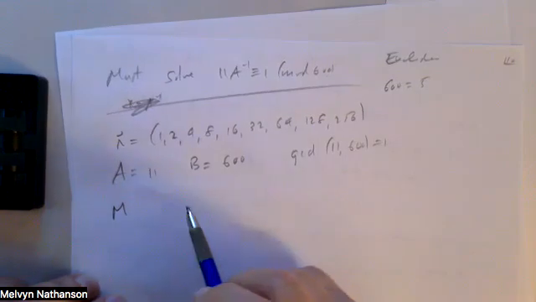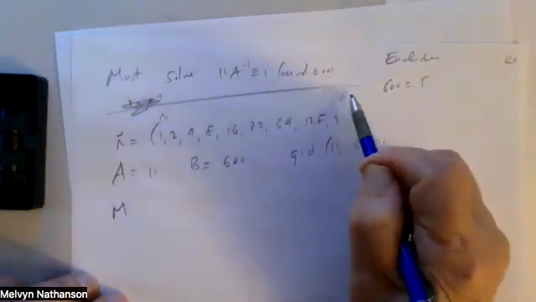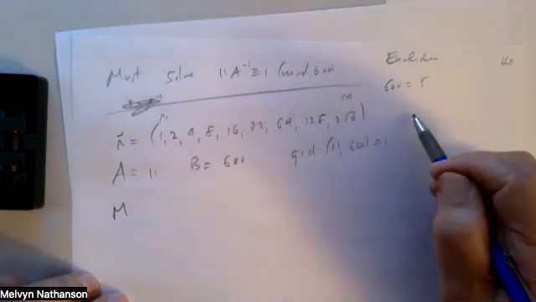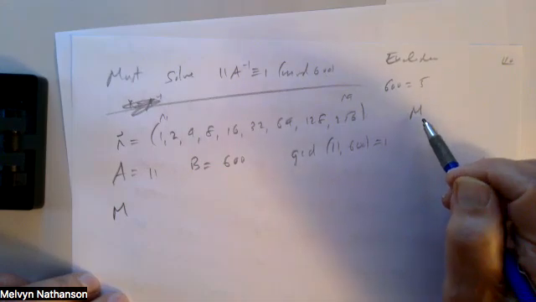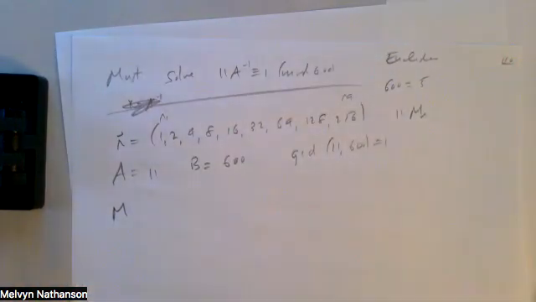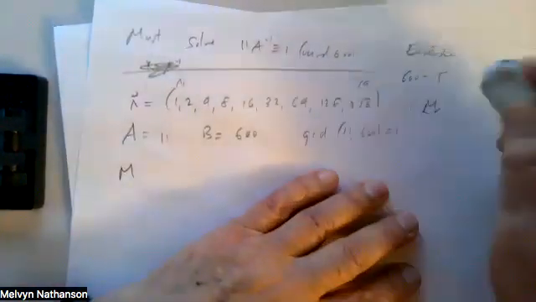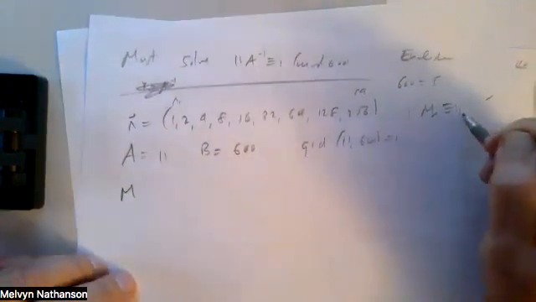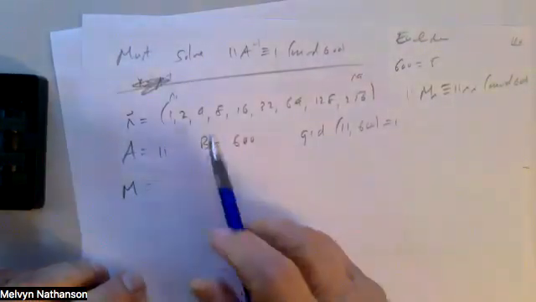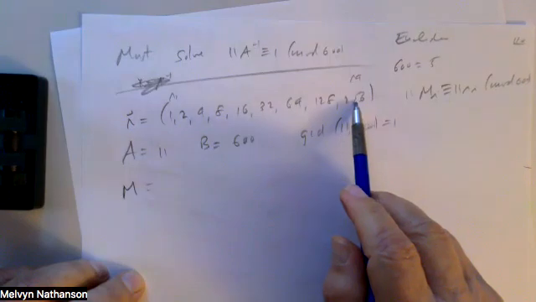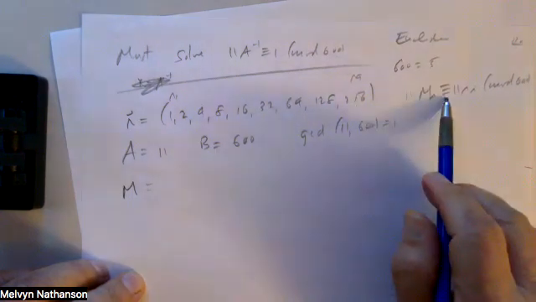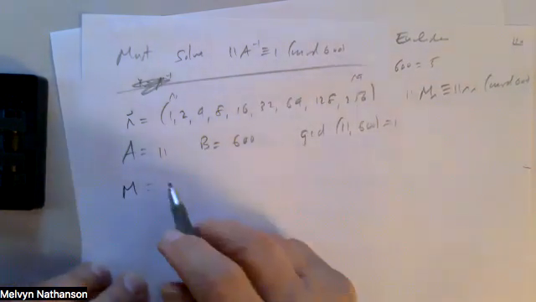So we get a sequence M from R1 up to R9. In general, we solve the congruence M sub I is congruent to 11 R sub I mod 600. I multiply each number in order by 11, and I cannot change the order, and look at the least positive congruence class mod 600.